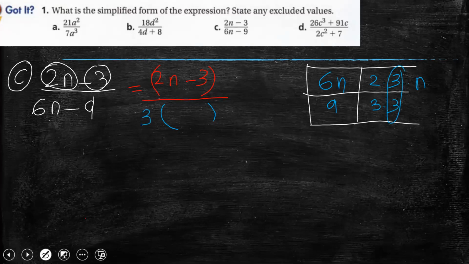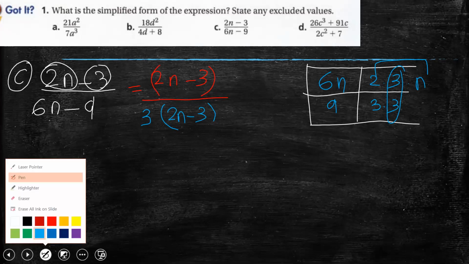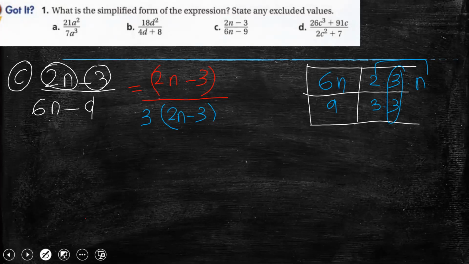Now let's go to the first row. When I take a 3, what numbers or variables are left? 2n, bravo. 2n minus what? 3. Bravo. Then after that, we have 2n minus 3 over 3 times 2n minus 3.